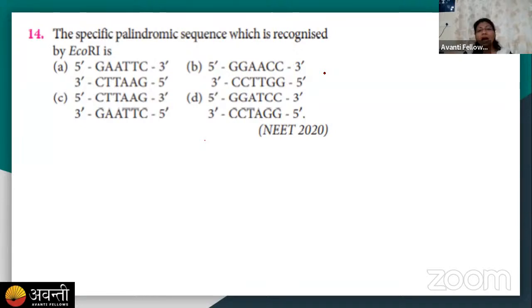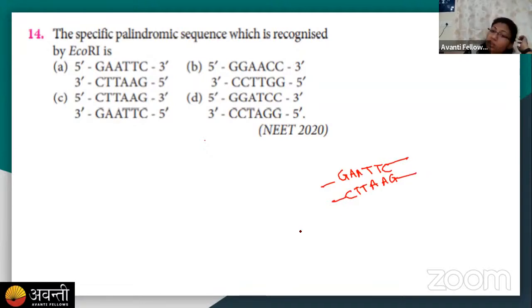So we know the sequence which is recognized by the EcoR1 is GAATTC. Okay, GAATTC, because from both sides it has to be read the same. That is why it becomes palindromic.